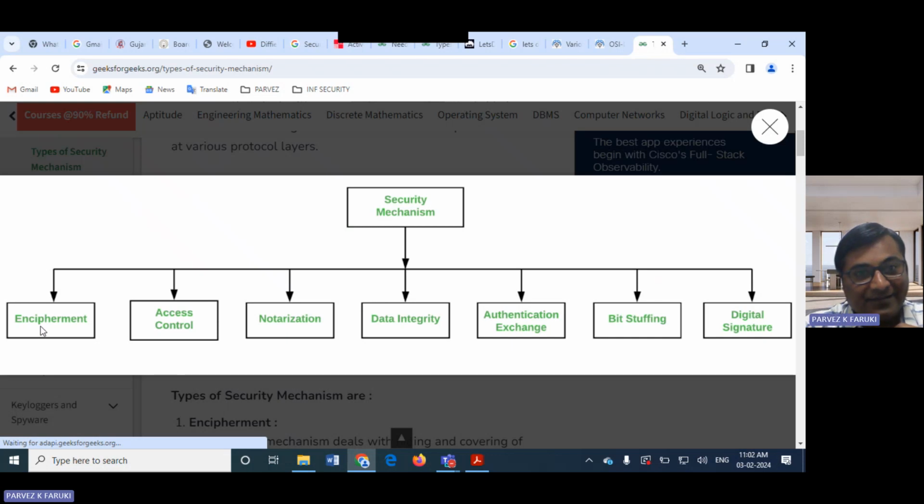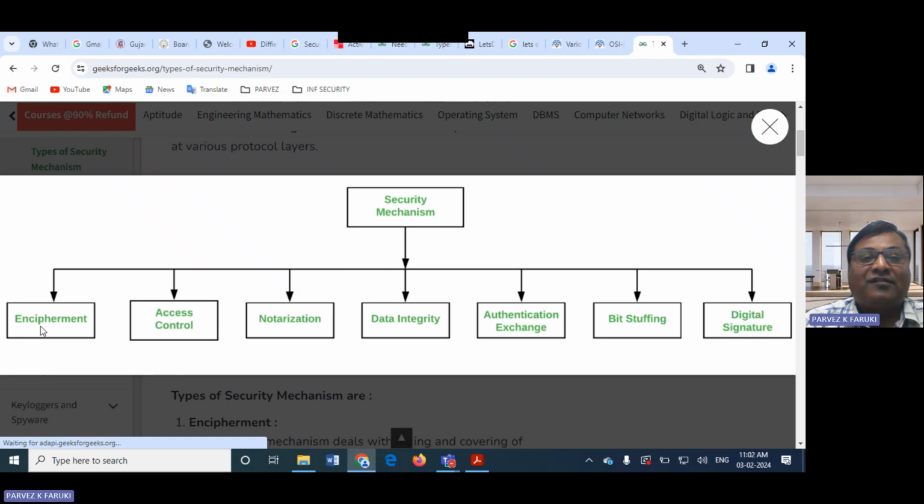And for that, the text, which is usually known as plain text, remember the first session, the plain text is converted into a ciphertext using some mathematical functionality. And that functionality which is embedded within is called an algorithm. So we have different ways that we are going to discuss in the coming classes. So encryption is one of the security mechanisms.